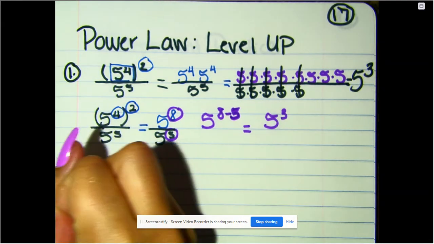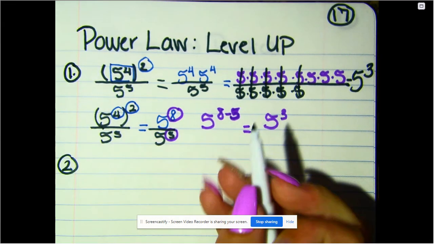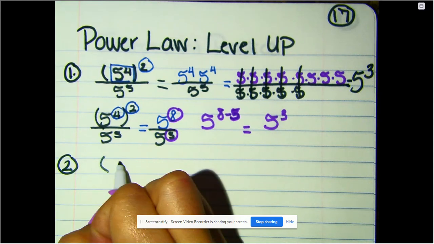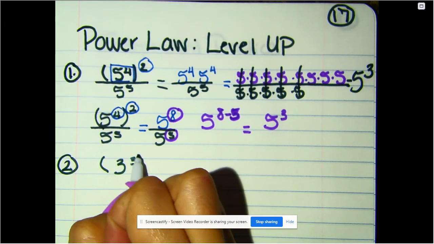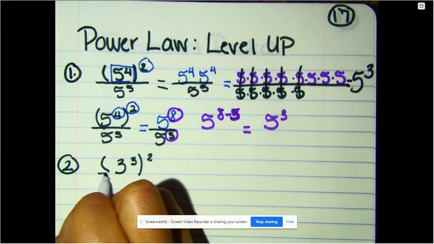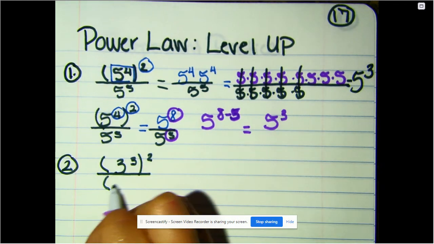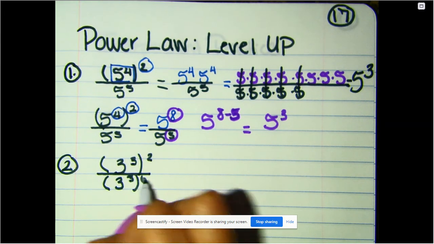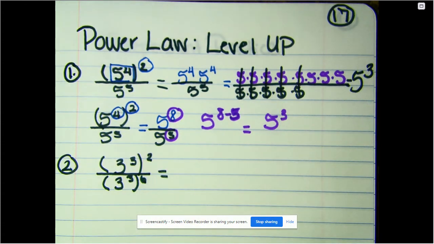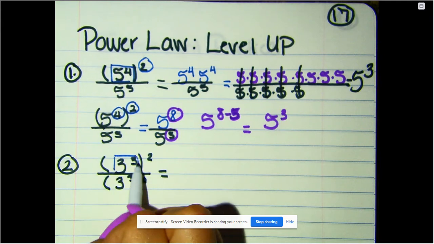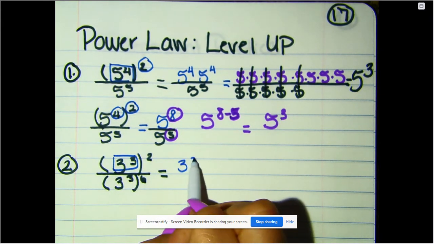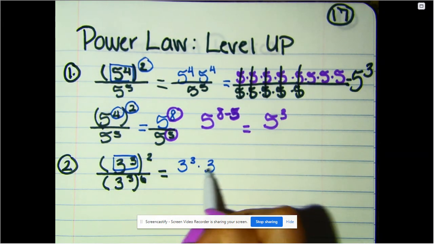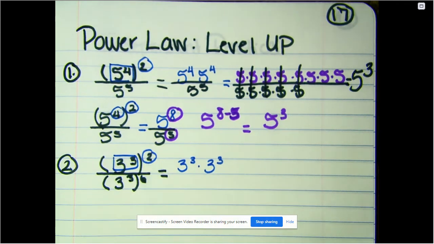Okay, number 2. We have 3 to the 3rd power raised to the 2nd, over 3 to the 3rd power raised to the 6th power. So again, one option is going to be to expand them. So on this set, I'm going to write 3 to the 3rd power out twice because of this exponent.